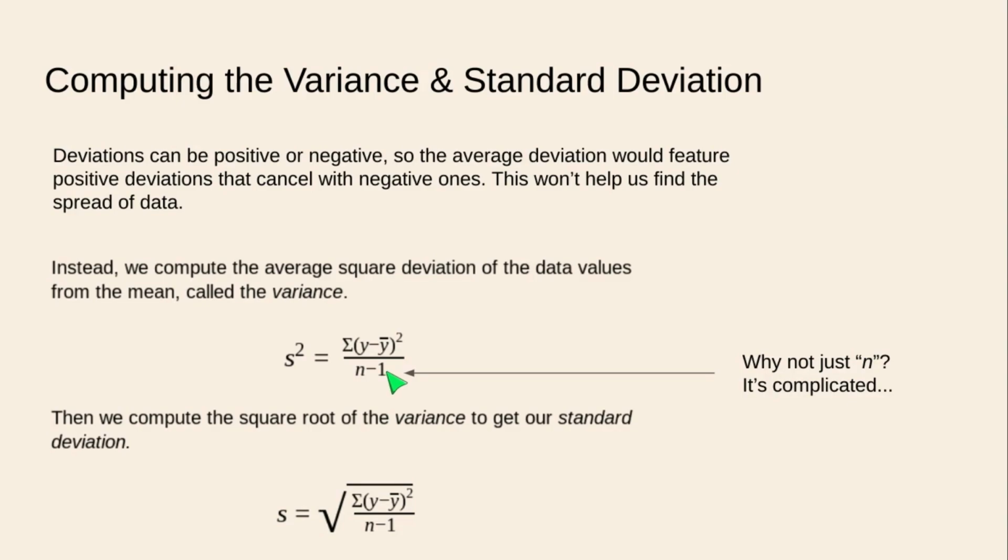The reason why it's not just n there, right? Honestly, I don't even know. The rabbit hole goes very deep on that one, surprisingly. So we're just going to leave that there. Maybe someone in the comments will enlighten me. I don't know. But this would be S squared, the average squared deviation.